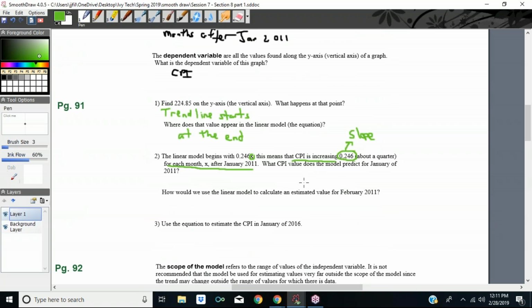So it wants to know what CPI value the model predicts. Well, let's put it in there. January of 2011, how many months after January 2011 is that? If it is January 2011, it's 0 months after January 2011, right? So we're going to put a 0 in for the x value in that equation.